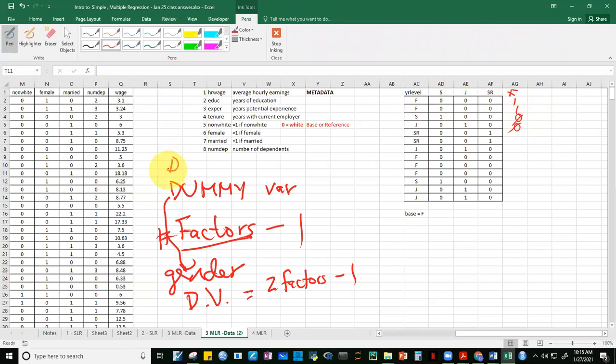Magkakaroon tayo ng problem dyan, which we call dummy variable trap. And the details of that, guys, you'll discuss next time.